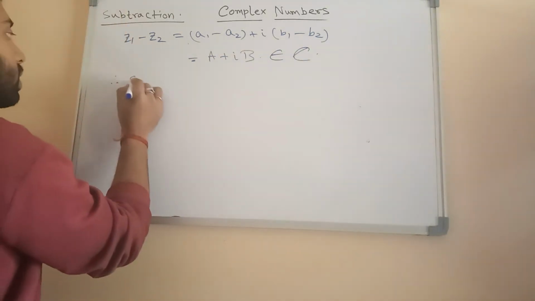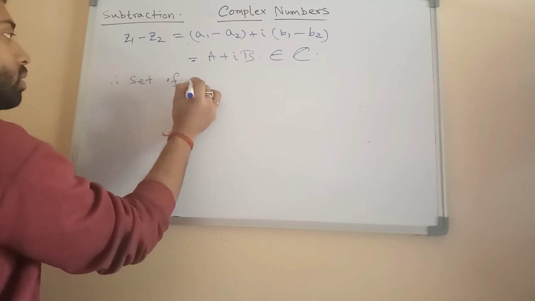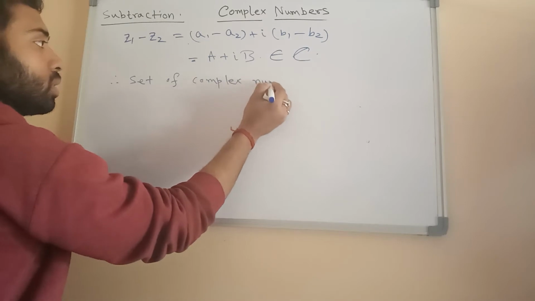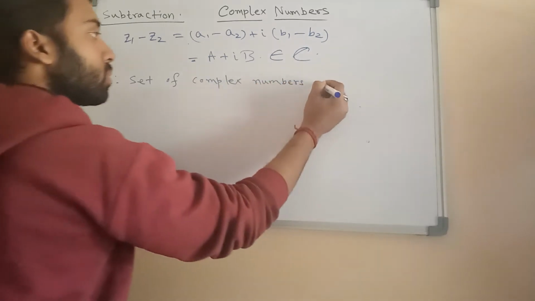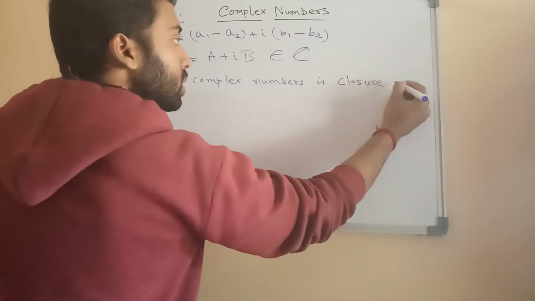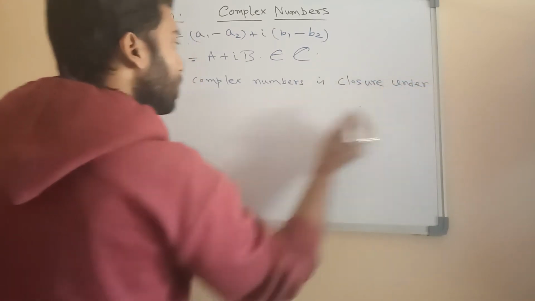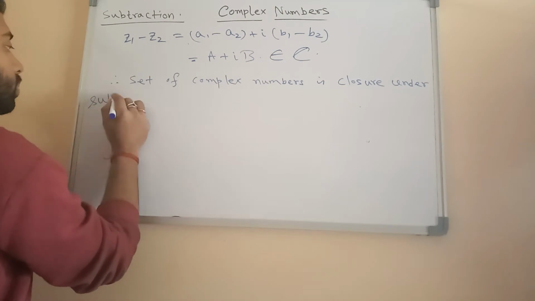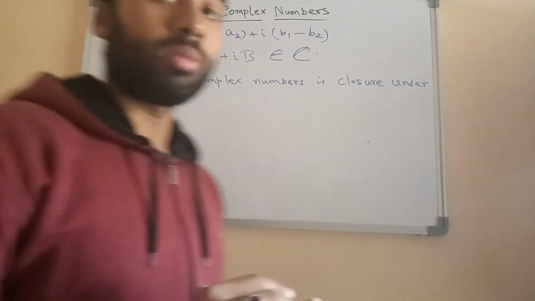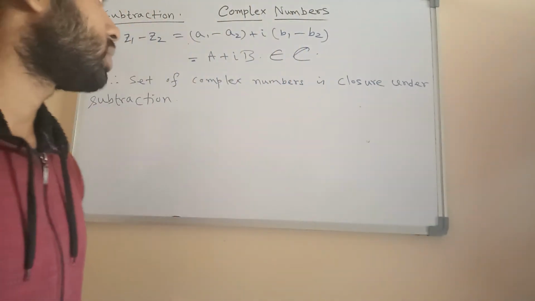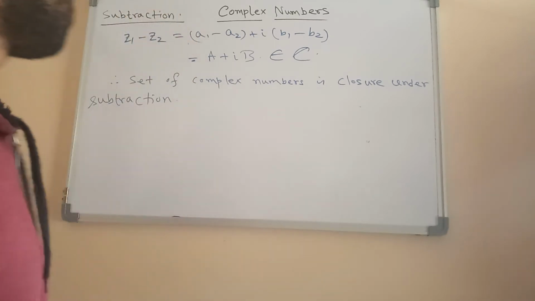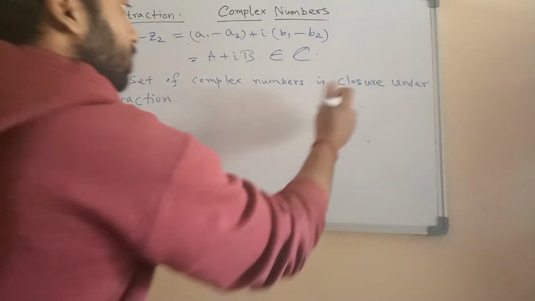Therefore we can say the set of complex numbers is closed under subtraction. That means if I choose any two numbers from the set of complex numbers and we subtract them, then we will again get another complex number. So it is closed under subtraction.